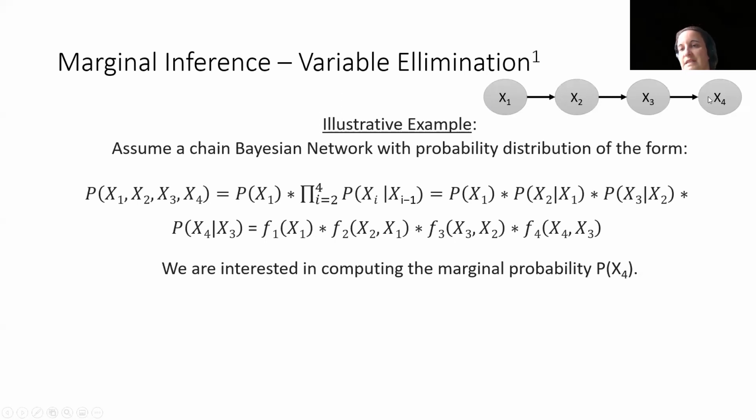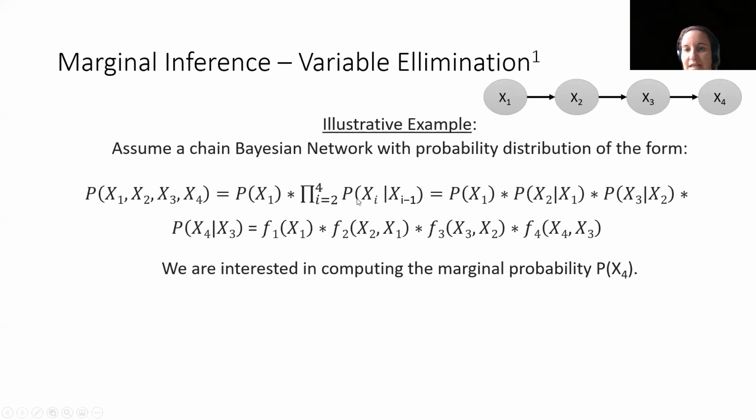And the graph tells us the dependence between variables. So x4 directly depends on x3, x3 directly depends on x2, and x2 directly depends on x1.